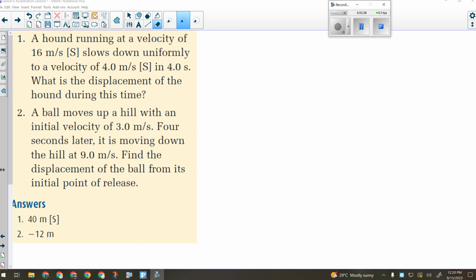Let's look at at least the first one here right now. In that first one, I've got a hound running at a velocity of 16 meters per second south, slows down uniformly to 4 meters per second south. Which one's vi? The first one, yeah. So vi is going to be 16 meters per second south. vf is going to be 4 meters per second, also still south.